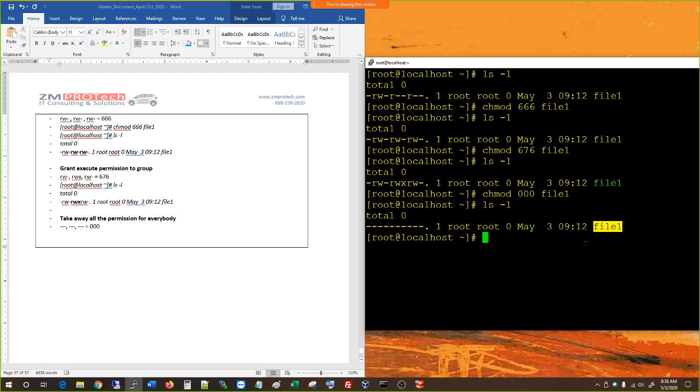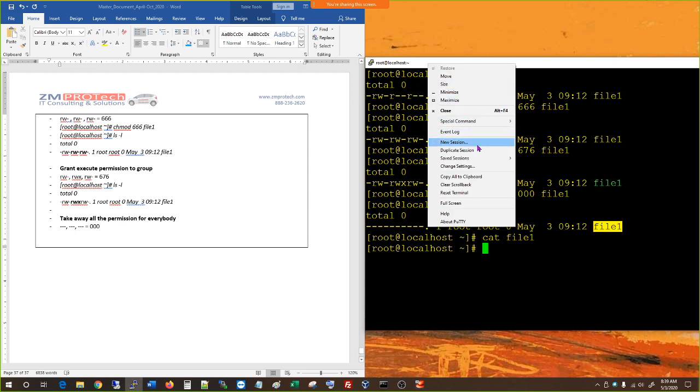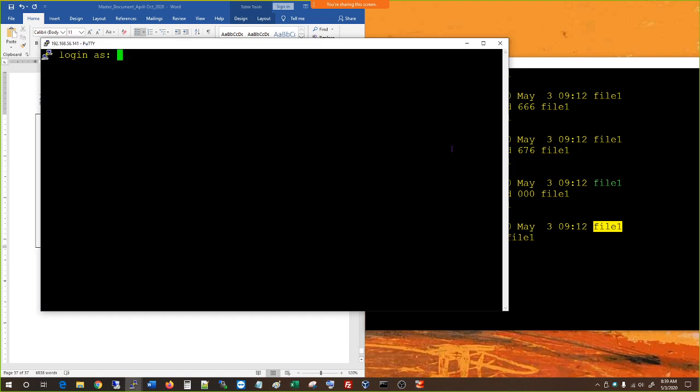Okay, so let's see if the root could do it. So I mean, all these permissions may or may not apply to root here most of the time. So let's try with the regular user. We have go into new session or duplicate. I'm going to log in as Zafar, Red Hat.